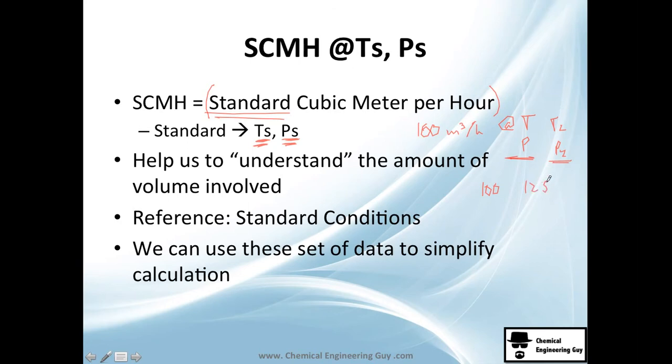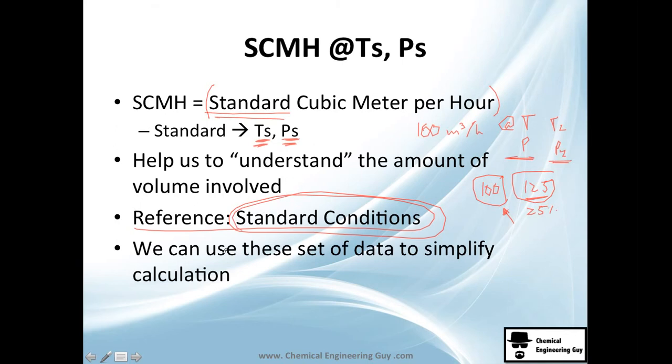For example, if you have 100 versus 125, you will know this is 25% more. On the other side, if you didn't know the temperature and pressure, you cannot compare it. Actually, you could have more matter here, more volume, because of pressure and temperature. That's why we reference these to the standard conditions, guys. We're going to learn standard conditions a little bit later.